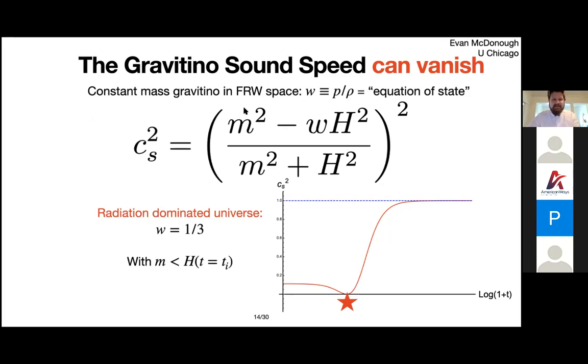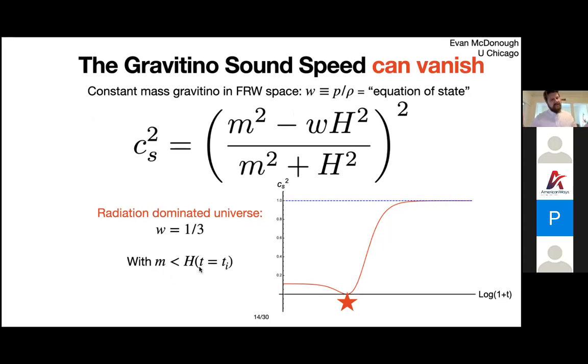Let's consider the simple case of a gravitino that has a constant mass in an FRW space, with a general equation of state. Let's consider a radiation-dominated universe, so w is equal to 1/3. Let's consider the possibility that at the onset of the radiation-dominated universe, the Hubble parameter is larger than the mass of the Gravitino.